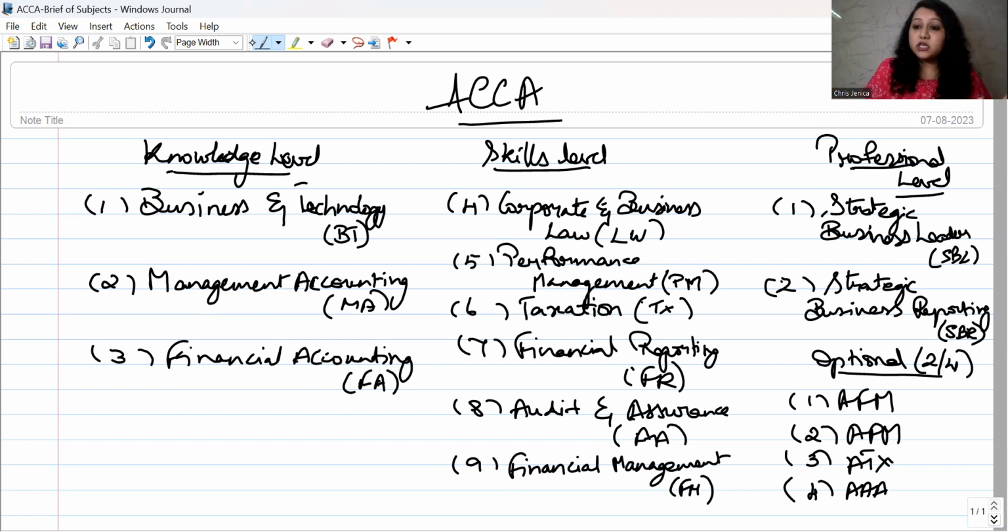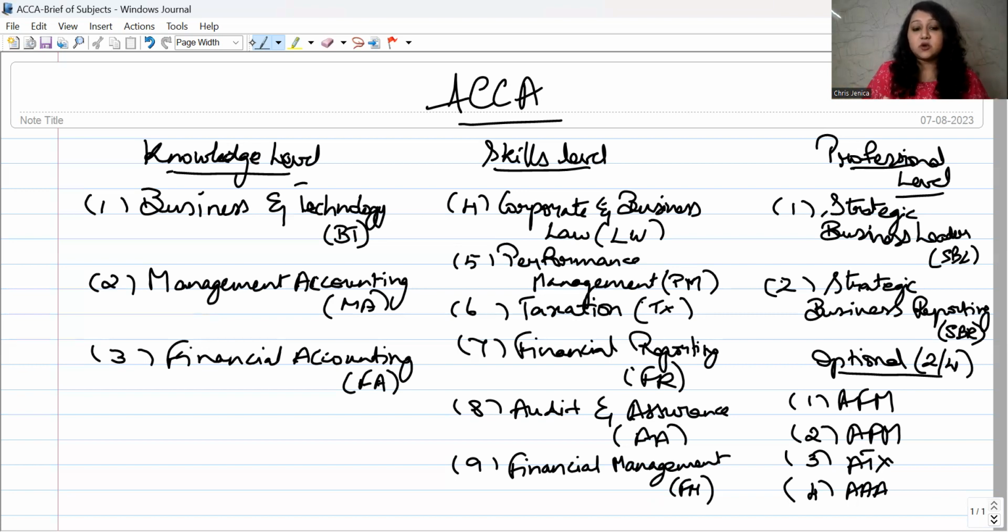Now, starting with your knowledge level, if you're going to start your ACCA course there, business and technology is a paper where you will learn how the business works in the context of different external environmental factors, like economic factors, legal factors, regulatory factors, and what kind of influence they have on your corporate governance, your organization, and the operations of a business.